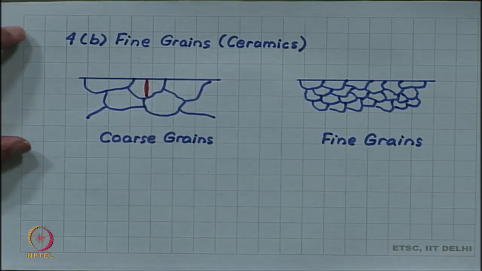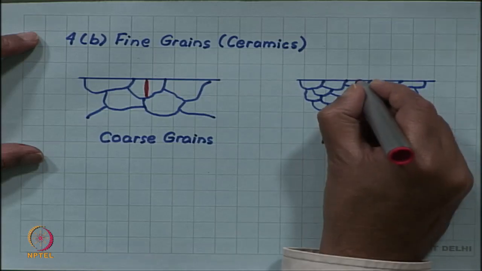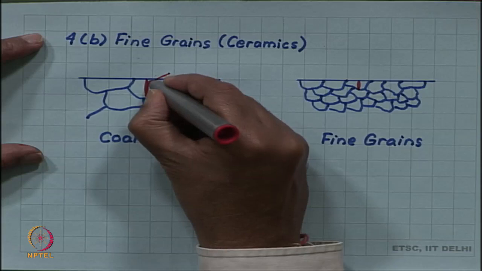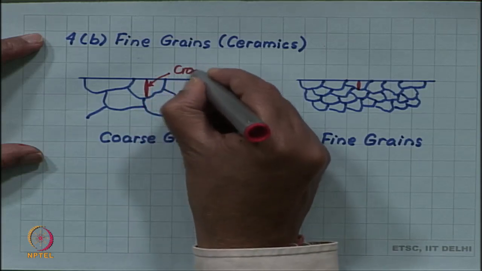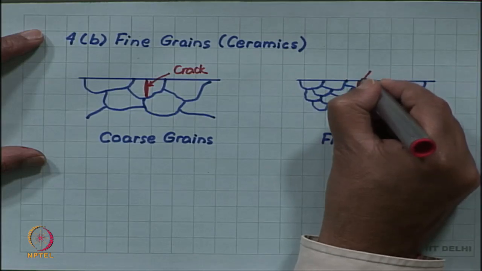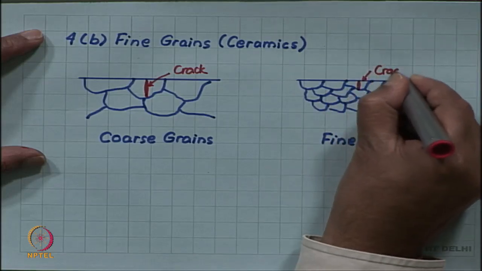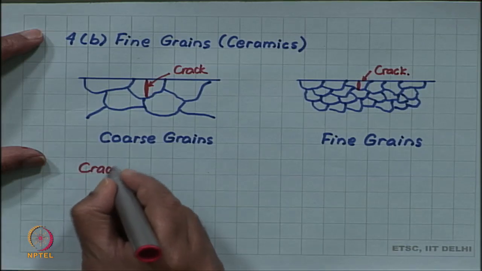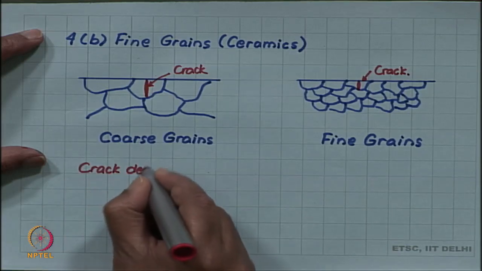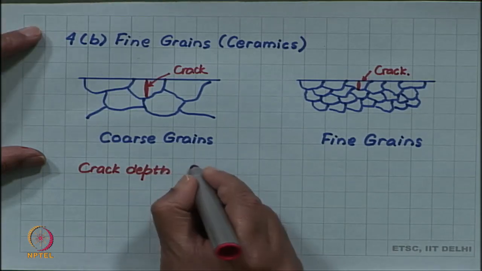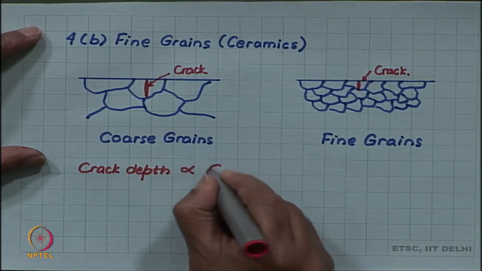These cracks usually have a depth equal to the grain size on the surface. So, this I am representing as crack. So, you can see that the crack depth scales with the grain size.